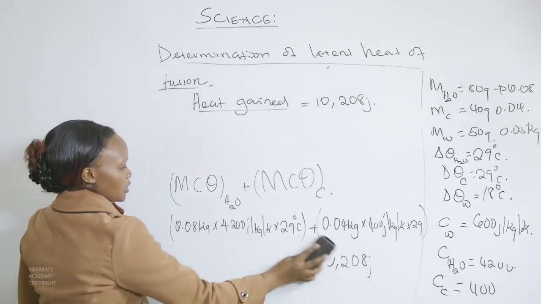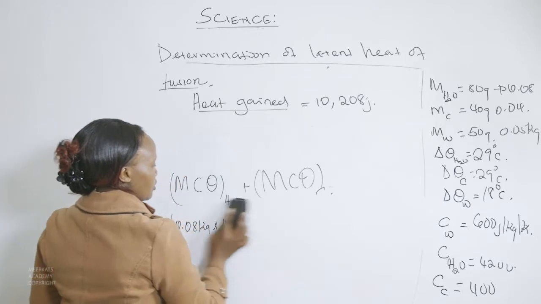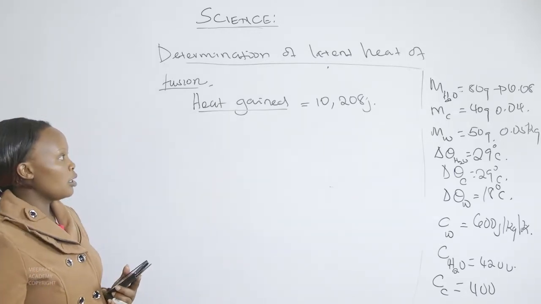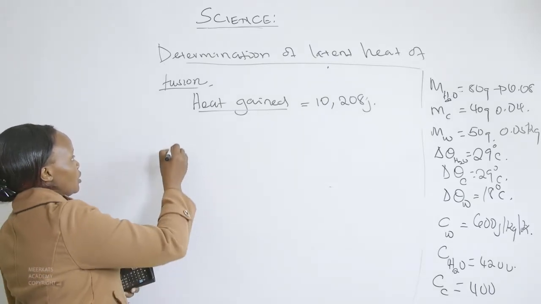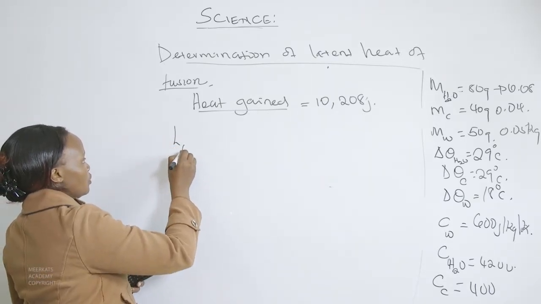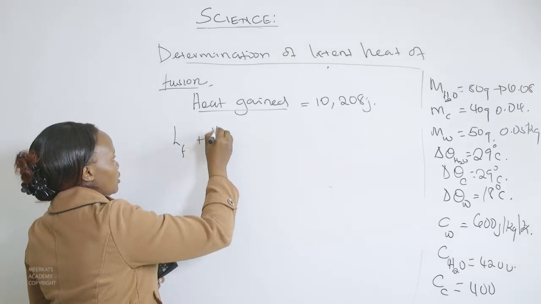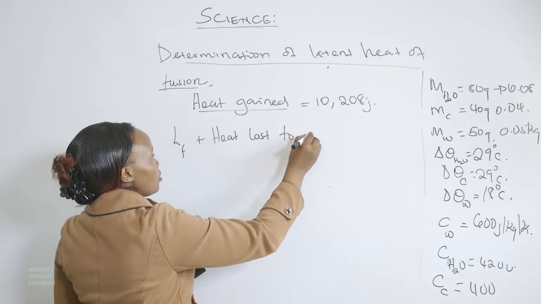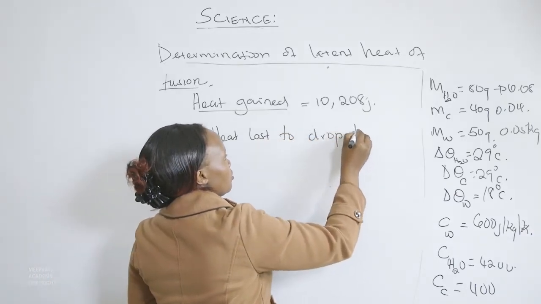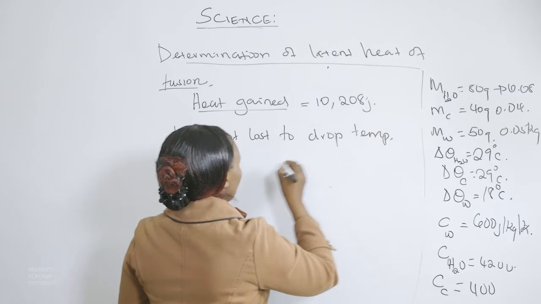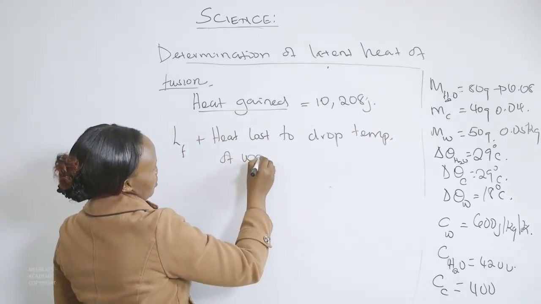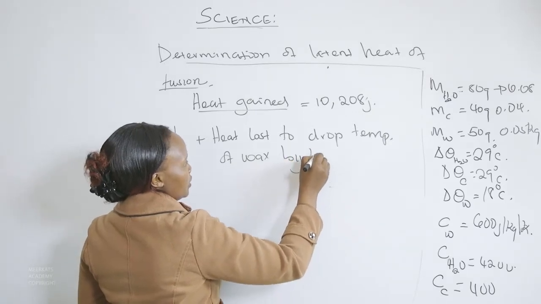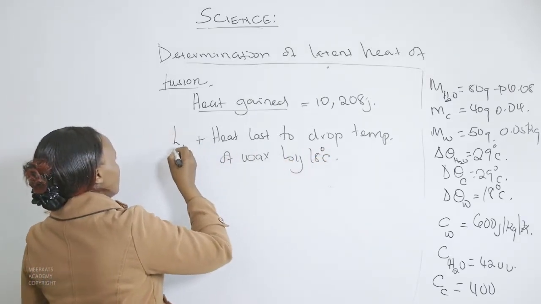Now we come to the heat lost. The heat lost will involve the latent heat of fusion plus heat lost to drop temperatures of wax by 18 degrees centigrade.